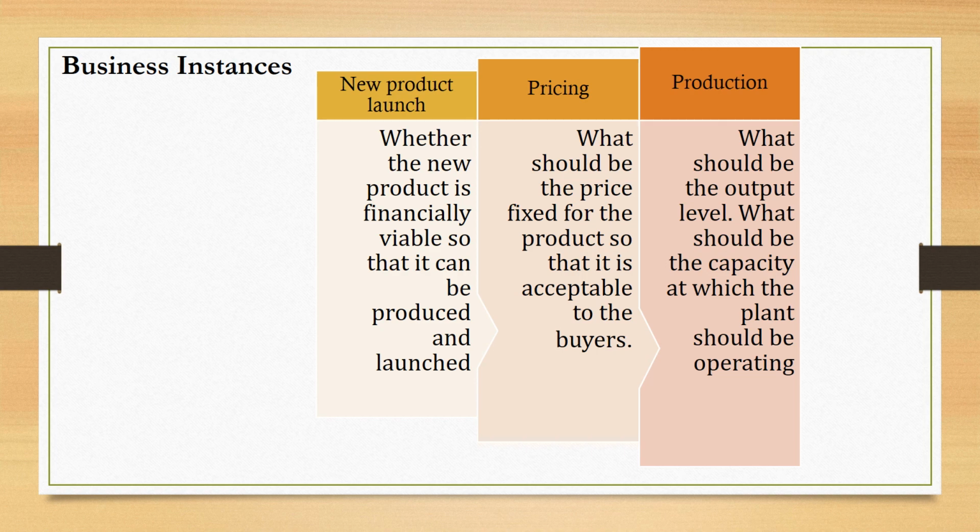When considering the new product launch, we have to consider whether the new product is financially viable so that it can be produced and launched. Nextly, for pricing, what should be the price to be fixed for the product, which is also acceptable from the other side, that is, for the buyers. Nextly is production. The last stage, where we consider what should be the output level, and what should be the capacity at which the plant should be operating. So these are the three business instances considered with respect to managerial economics.